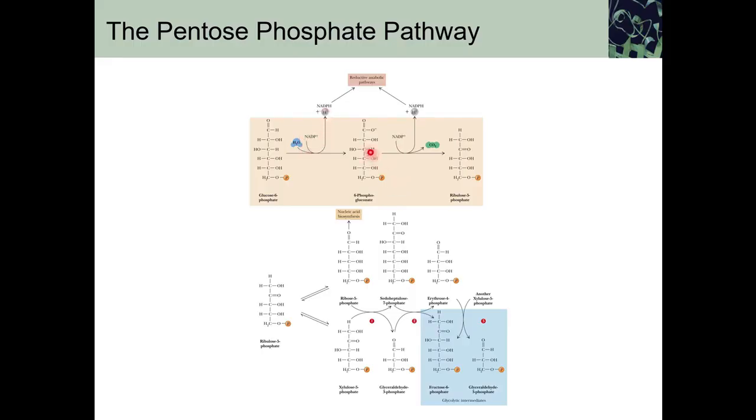The 6-phosphogluconate is then further oxidized by another enzyme to produce ribulose 5-phosphate, again producing another equivalent of NADPH.